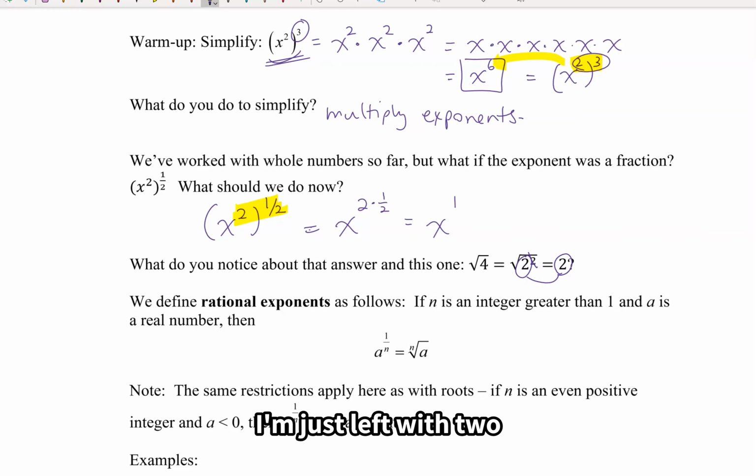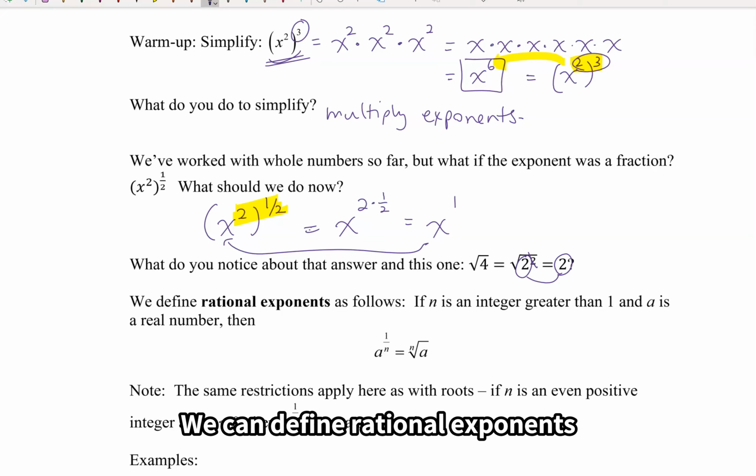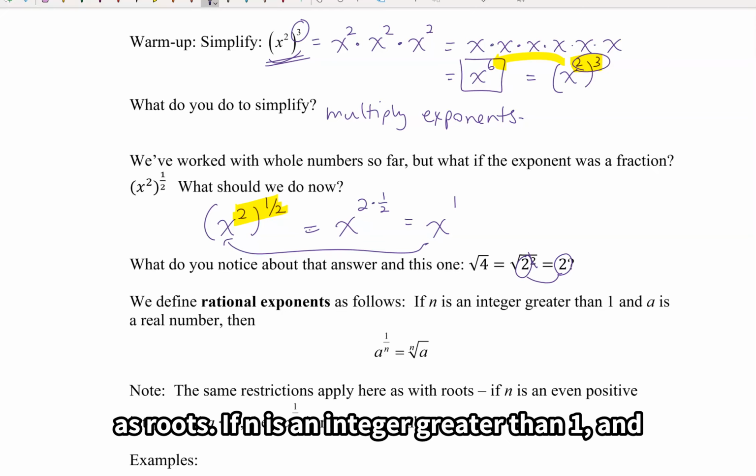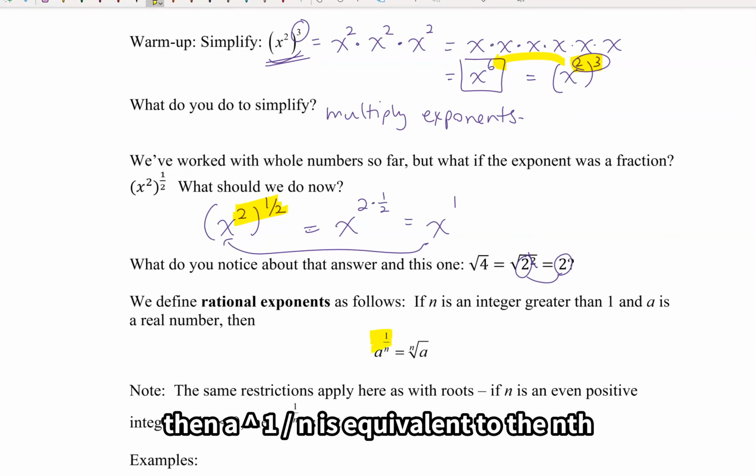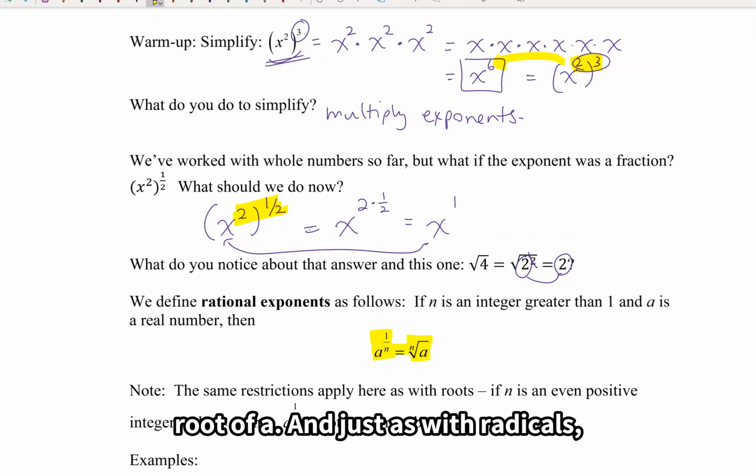And that's exactly what happens. We can define rational exponents as roots. If n is an integer greater than 1 and a is a real number, then a to the power 1 over n is equivalent to the nth root of a.